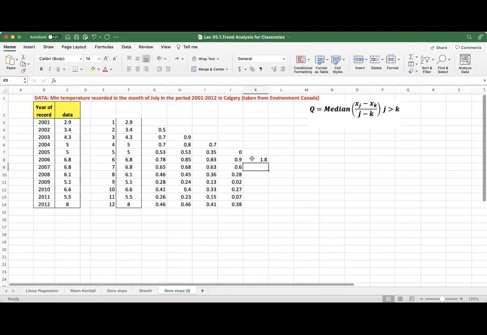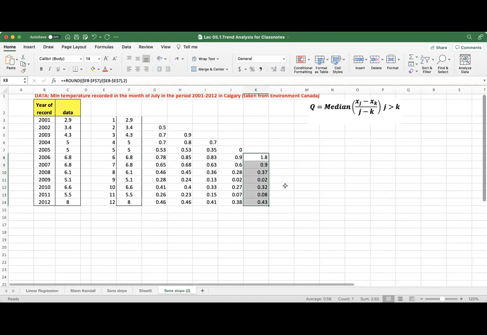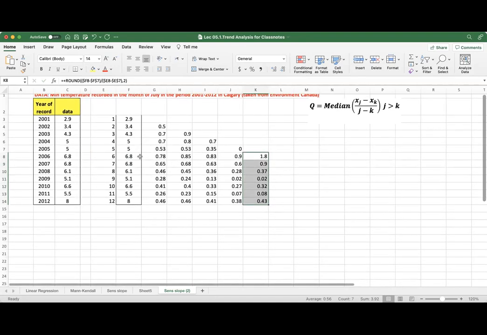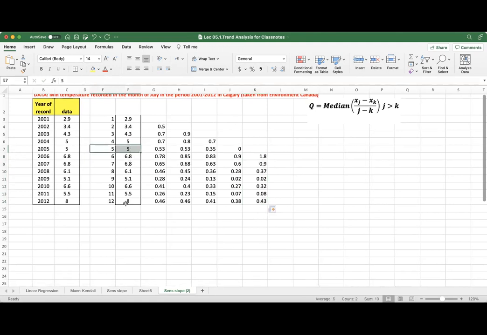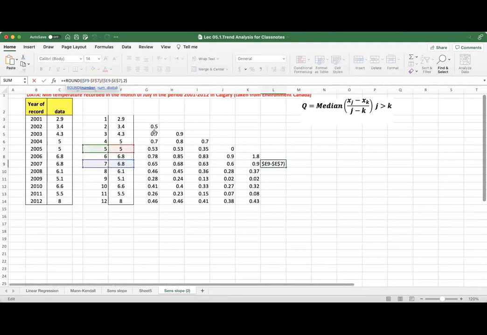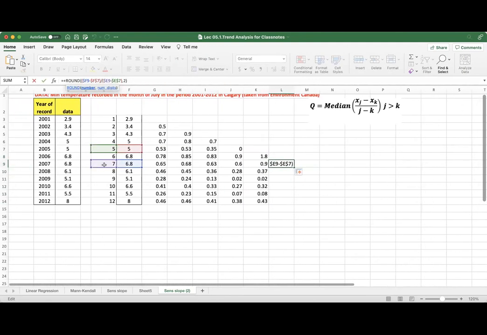Okay, so this is done, and then we are going to drag down, and this particular comparison, that means the comparison between this one versus all of them, is completely done. So now we are going to look at the next one, and I'm going to increase this. Once we increase, we can easily see the highlighted cells like 5 and 7, but we need to do 7 minus 6.